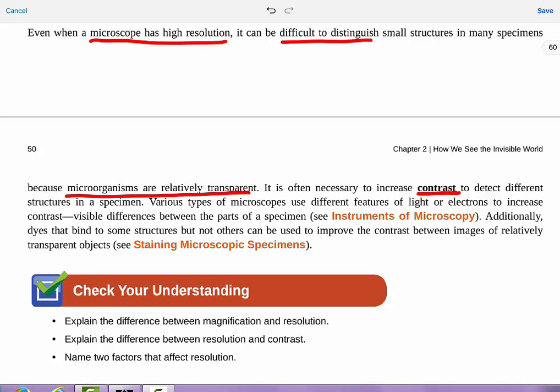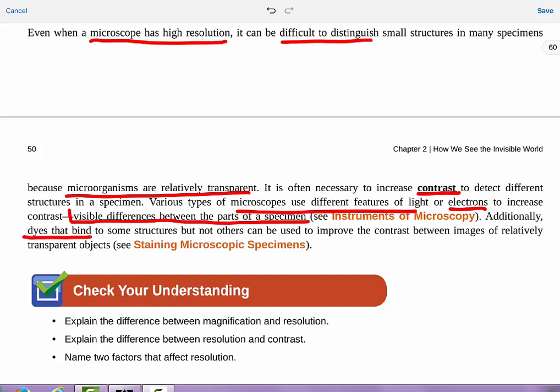Contrast is the differences between the lights and the darks in a specimen. Various types of microscopes use different features of light or electrons to increase contrast. Here's the definition: visible differences between the parts of a specimen.